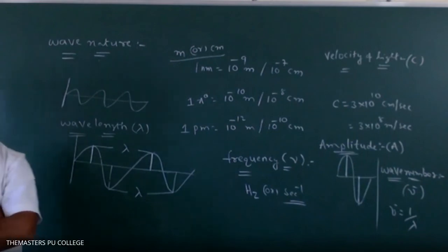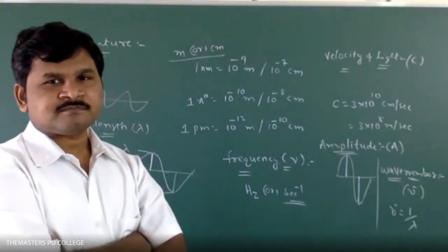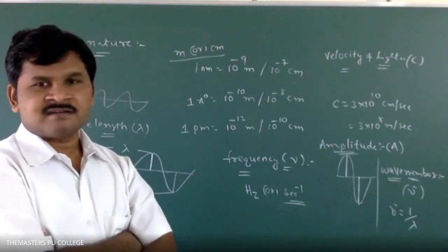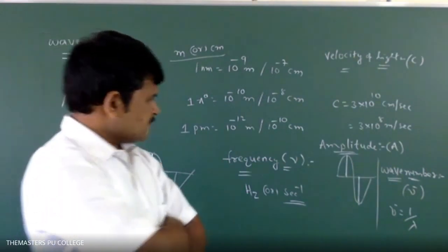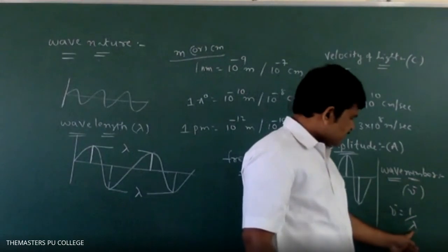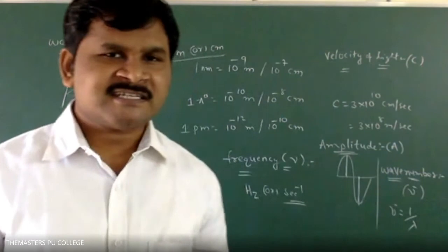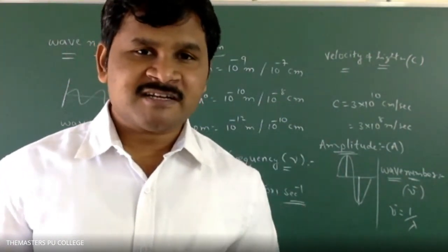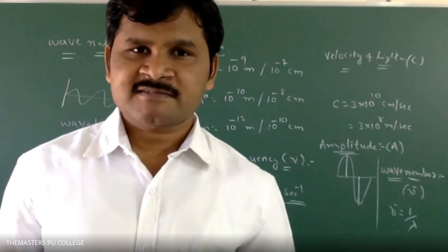Reciprocal of wavelength is called wave number. Can you guess what are the units of wave number? Very simple. 1 by lambda. What are the units of lambda? You told meters or centimeters. 1 by centimeter, what should it become? Centimeter inverse? Yes, sir. So that's why units are centimeter inverse or meter inverse.